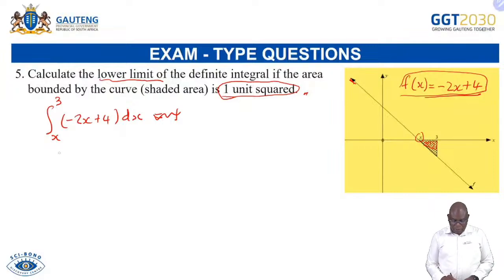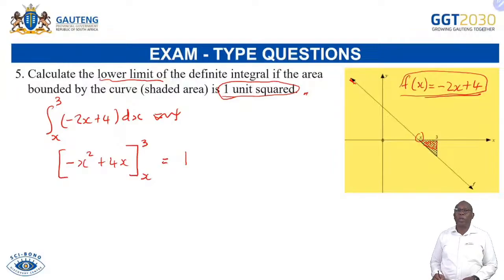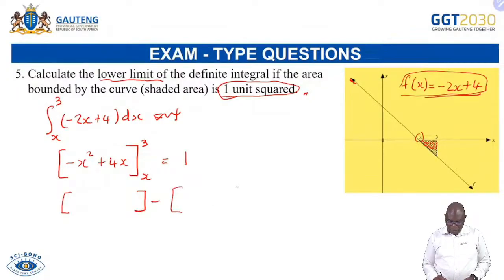So which means that if I integrate this, I'm going to have negative x squared plus 4x. The upper limit is 3, the lower limit is x, but the area is 1 square unit. Now I'm going to substitute. So when I substitute here, I have this equals to 1.